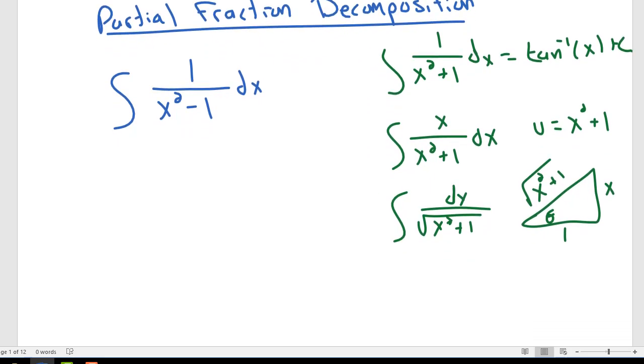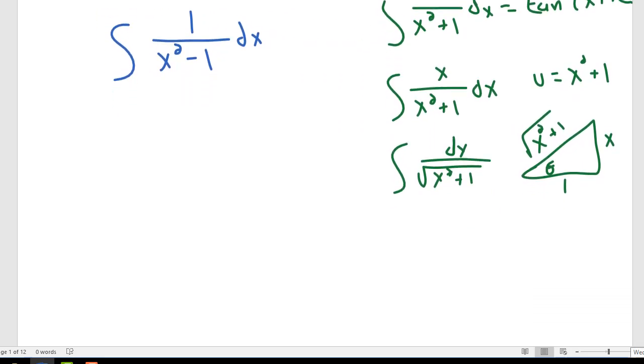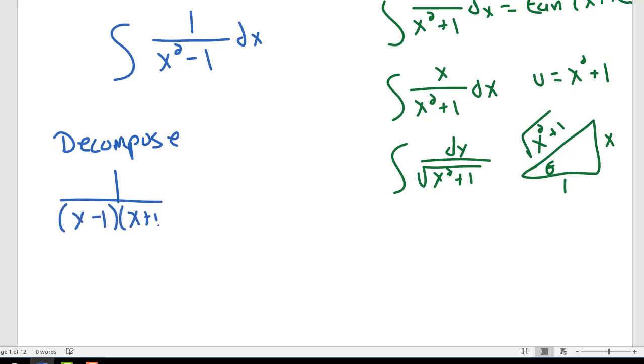All right, so without jumping into all the rules of decomposition, let's take a look at this particular example. We want to decompose this fraction. Let me come back over here for a second.